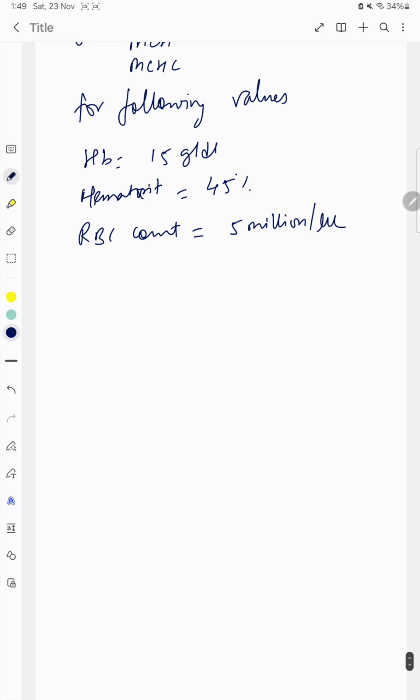So to calculate MCV, as we know, the formula is hematocrit in percentage divided by RBC count in millions per microliter into 10.